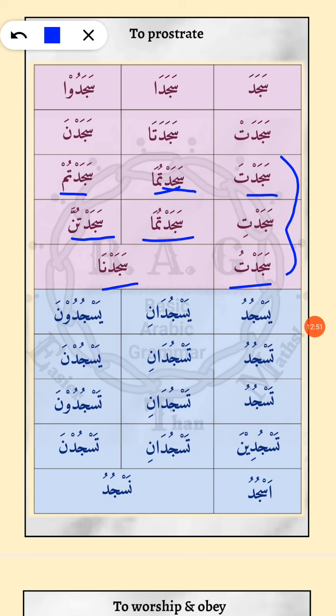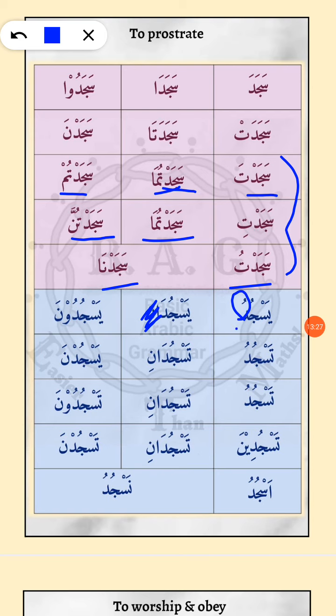Next you had yasjudani. In order to work out the huwa version, what did you do? You simply removed the suffix, and that's it, you got yasjudu. So the last root letter is always going to carry a dhamma in regular state. You are going to find instances where you won't find dhamma on the last root letter; you'll find either a sukoon or a fatha.